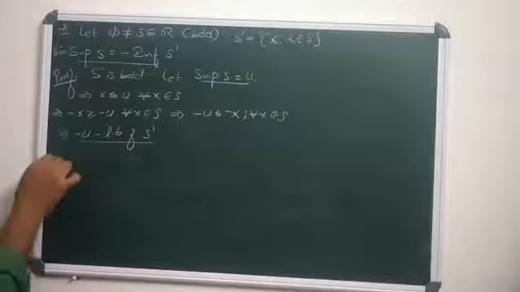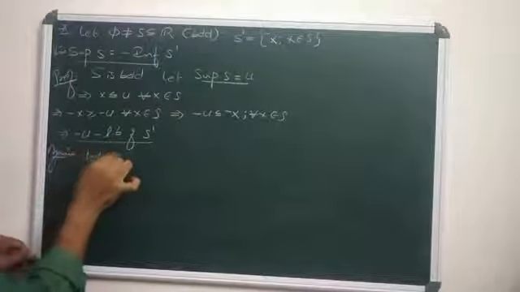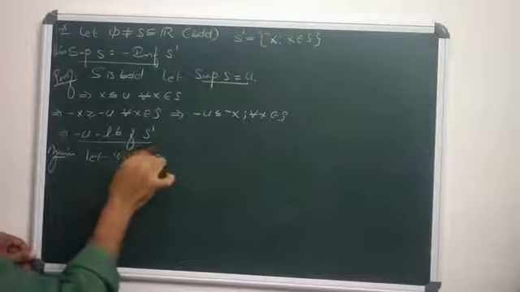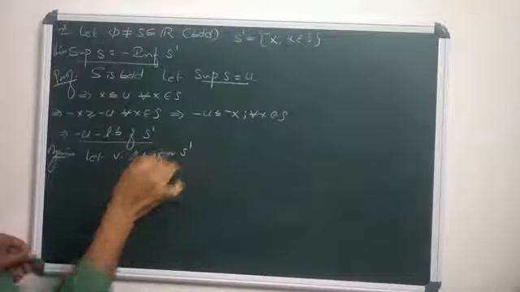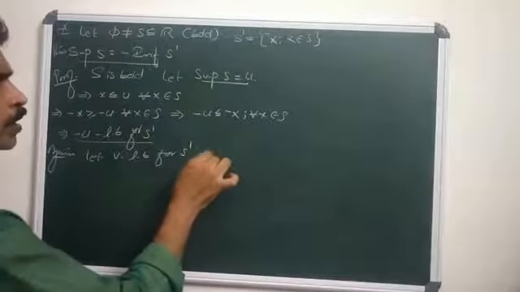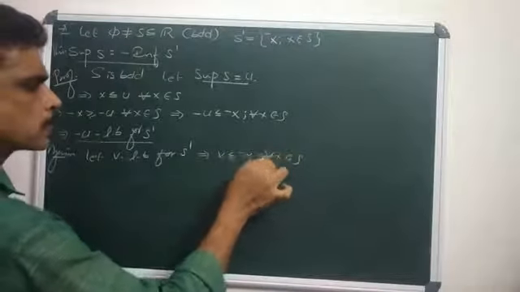Again, let V be a lower bound for S dash. V being a lower bound for S dash means V less than or equals minus x for all x in S. Why?